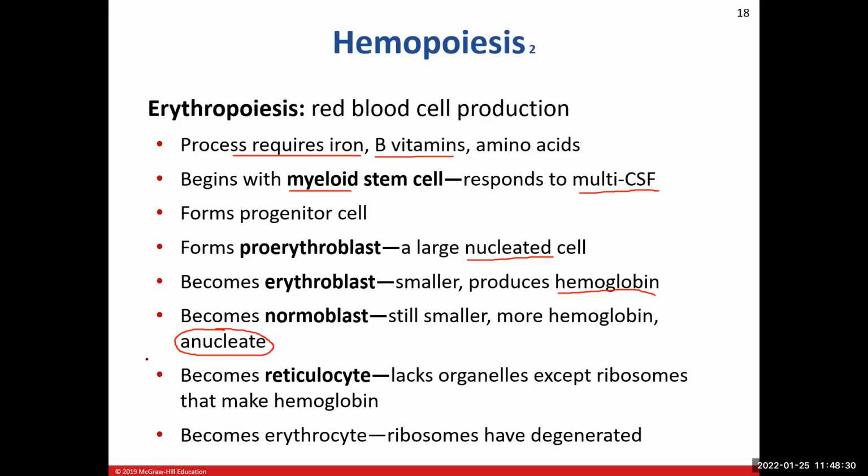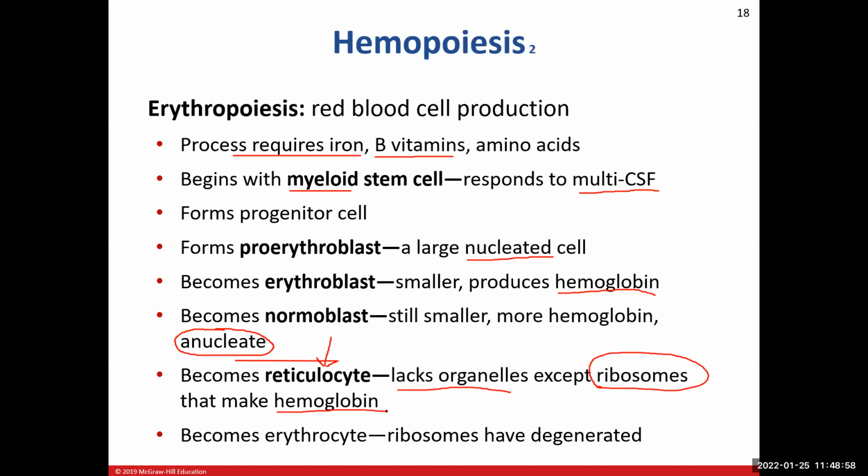So once we're without the nucleus as a normoblast, we're moving into the reticulocyte stage, and now we've gotten rid of all the organelles, except for ribosomes. If you recall, ribosomes are these organelles that make protein. Well, in this case, they're going to make hemoglobin.